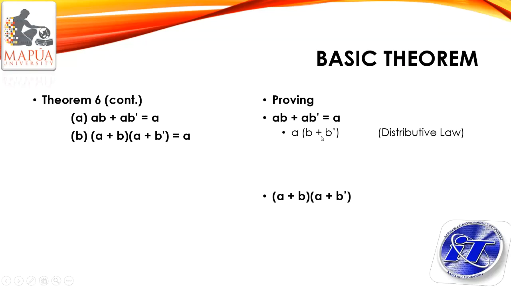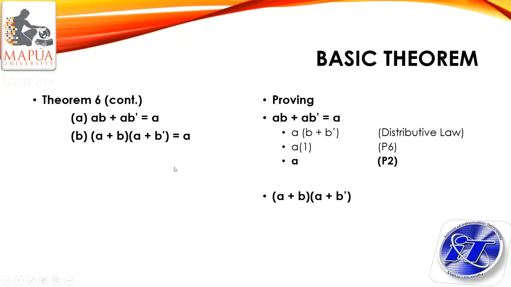And we all know that anything ORed to its negation, or its complement, is equivalent to 1 based on postulate 6. Anything ORed to 1, based on postulate 2, is the same as the original variable, which is A. Comparing it to the right side of the equation, they are the same. So therefore, form A is correct.